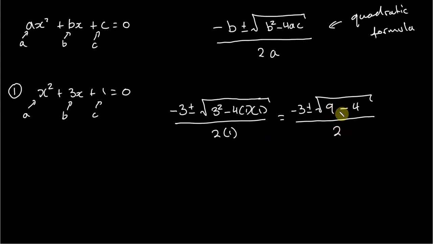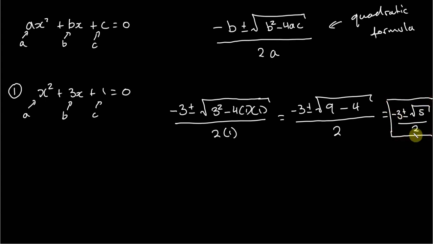And so we can simplify further what's under the square root symbol. 9 minus 4 is 5, and actually I'll just write it out anew, keep everything explicit, so it's going to be negative 3 plus minus root 5 over 2, and these are our two solutions.